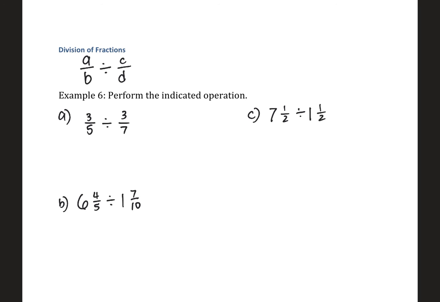When I say the word reciprocal, it means it's the same fraction but flipped. The reciprocal of 4 over 5 is 5 over 4. Reciprocal. So when we're dividing fractions, we're going to multiply by its reciprocal.